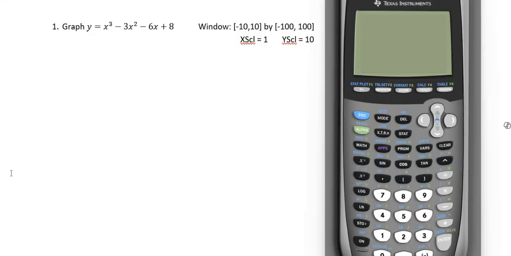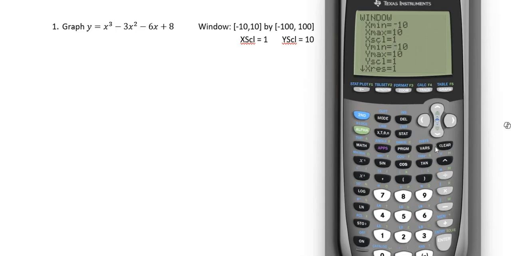In this example, we're asked to graph a function, and we're also asked to set our windows to specific numbers. So I've already typed in my equation. Now let's go to the window button. I want my x to go from -10 to +10 with a scale of 1, and it's already set like that.